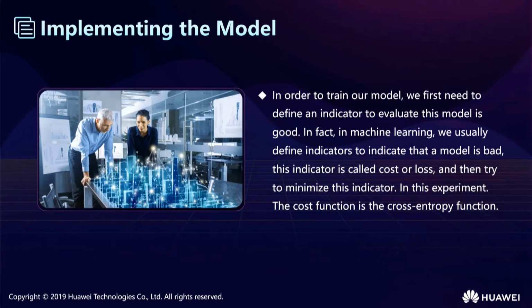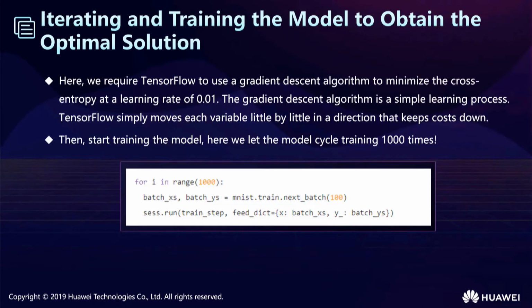And we used the gradient descent algorithm to minimize the cross entropy at a learning rate of 0.01. TensorFlow simply moves each variable little by little in a direction that keeps the cost down.